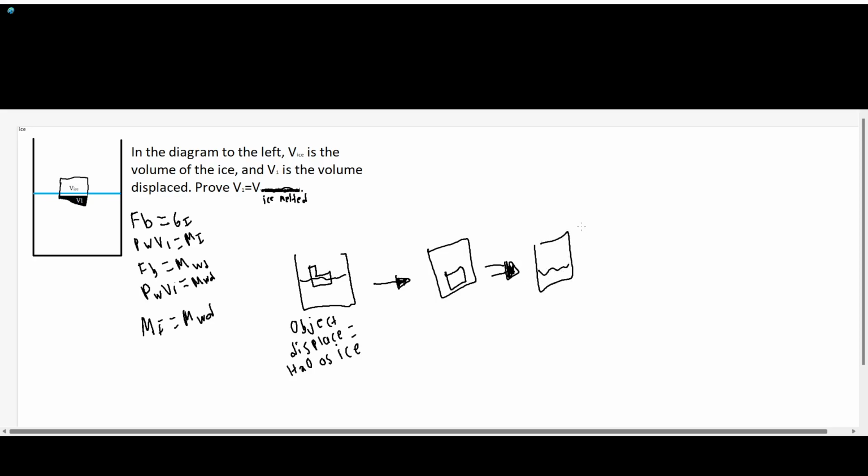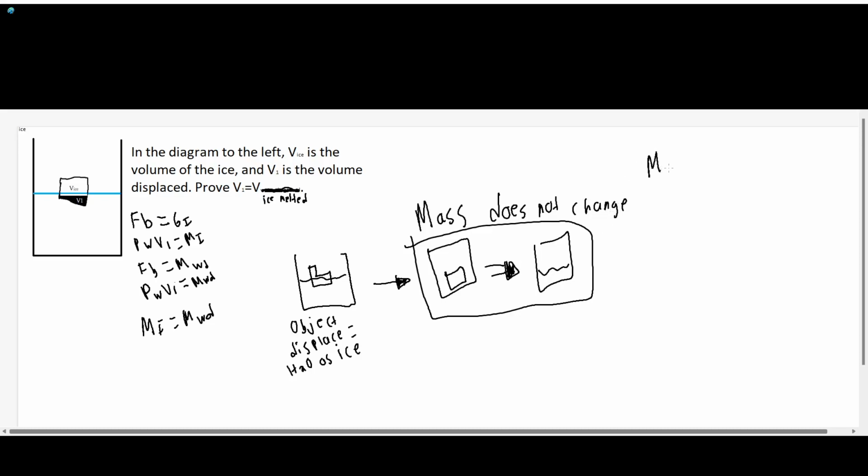Now think about it. In this situation, mass does not change. Right? Mass does not change.